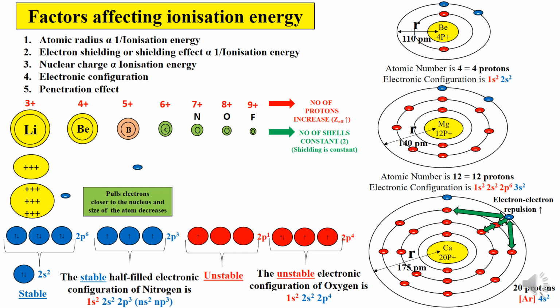And the last and important factor is the penetration effect. So what is the penetration effect? Electrons in orbitals that are closer to the nucleus will always experience a strong attractive force.